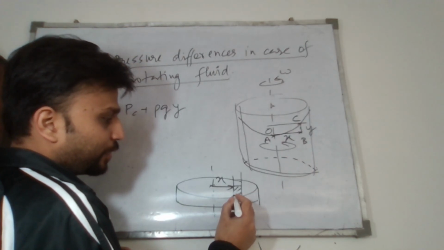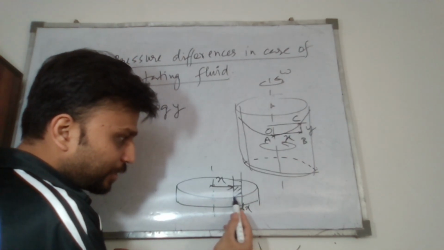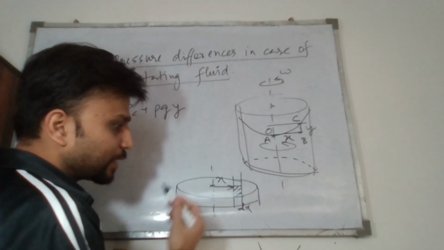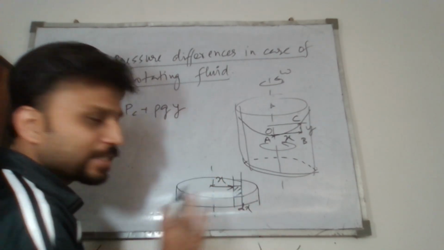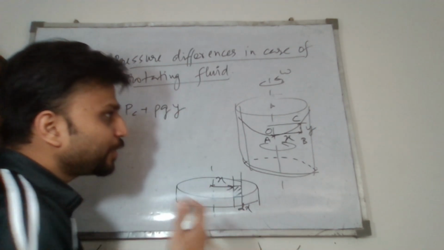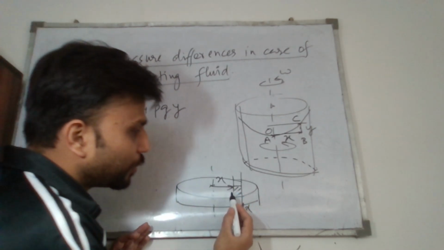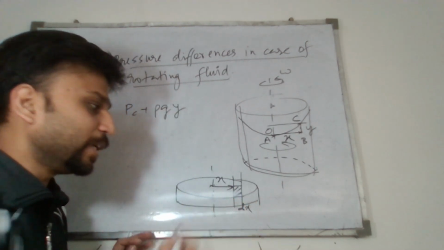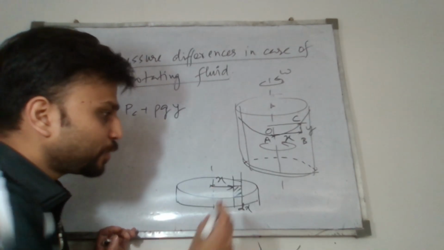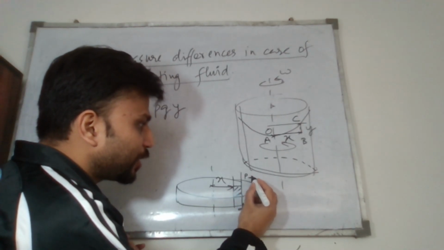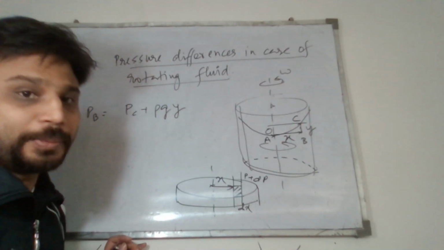And what this means is that this is the radially outward distance dx. Now, where do you think the pressure would be more? To the right of this element or to the left of the element? So, naturally, to the right of the element, the pressure would be more. Now, you would be asking why?